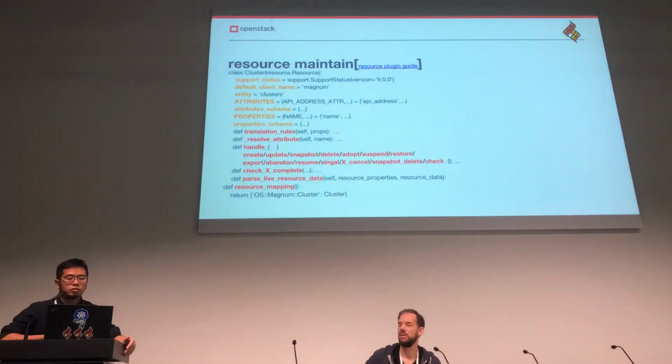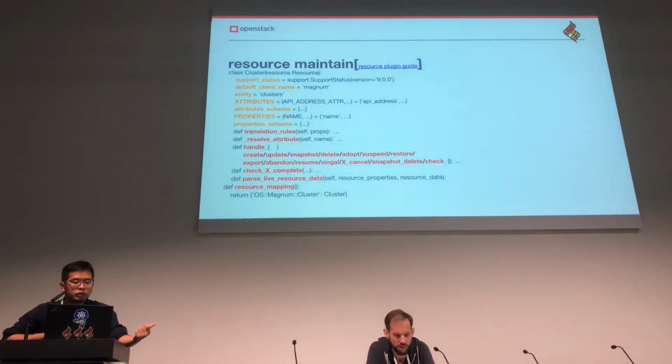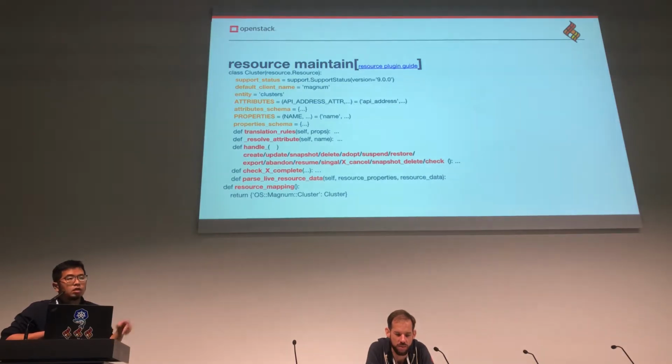Yeah. So to make sure that everybody understands this one, it's about when you're trying to create your own resource, you can plug it into Heat, and those are the functionalities that you should implement in your own resource.